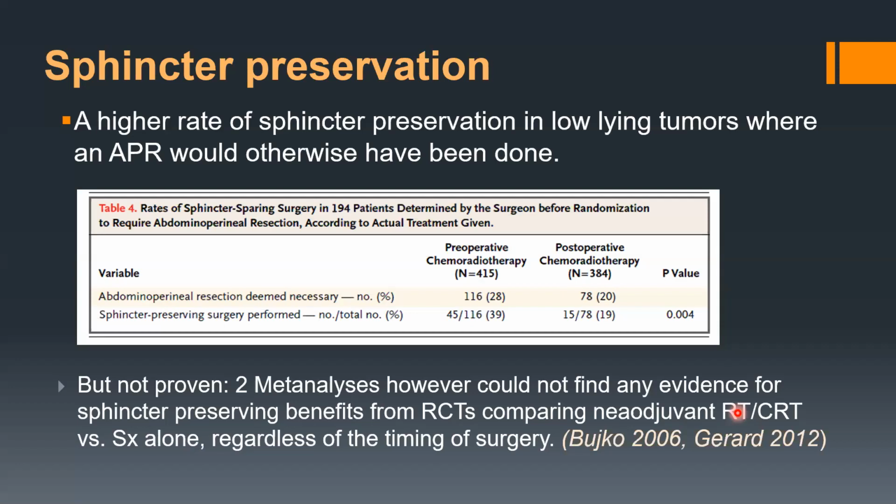Now, this is, of course, a matter of institutional protocol. A number of surgeons feel that if preoperatively the tumor is low enough to need an APR, many people would not change their surgical practice based on the shrinkage after chemoradiation. But more and more people are trying sphincter preservation approaches, from low anterior resection to ultra low anterior resection, in order to give patients a chance to have a normal sphincter.